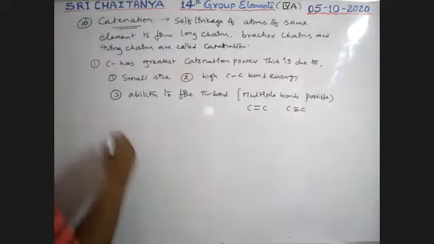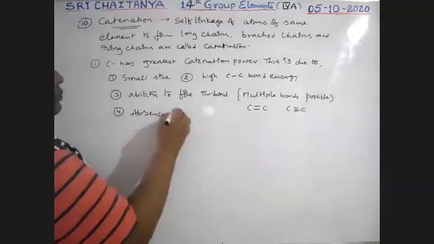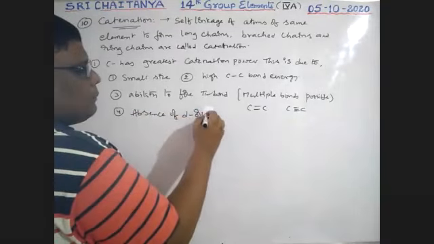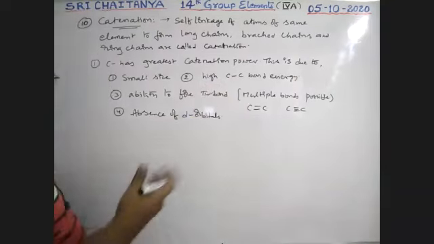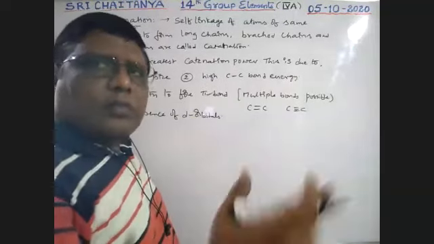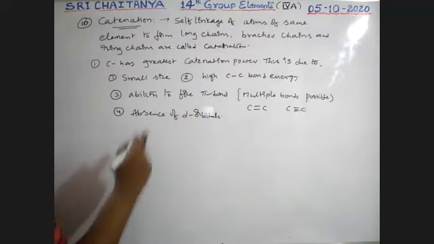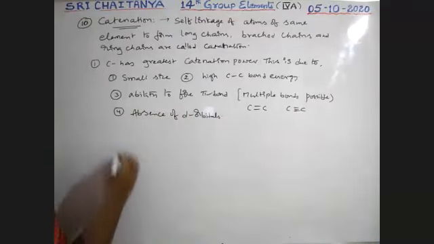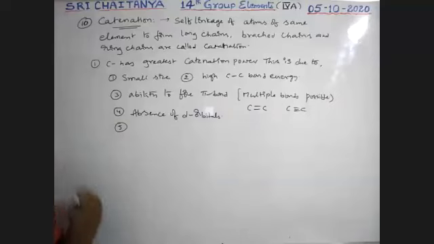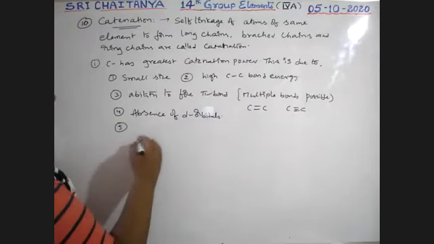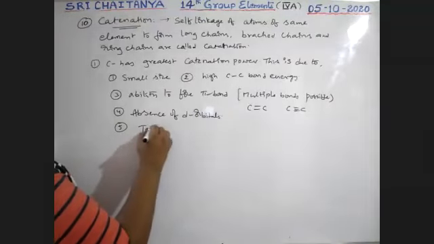Next, fourth pointer, absence of d orbitals. No d orbitals, so extension is not possible. I'll explain with the d orbitals condition. Wait. Next, fifth point, that is tetravalency.